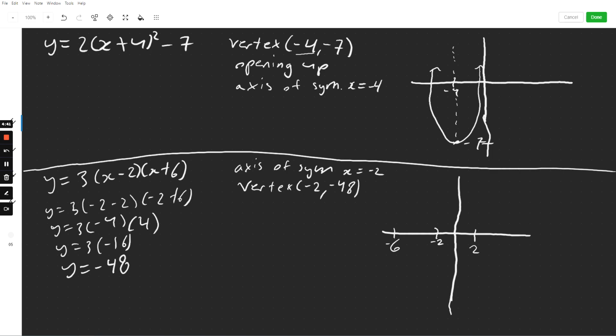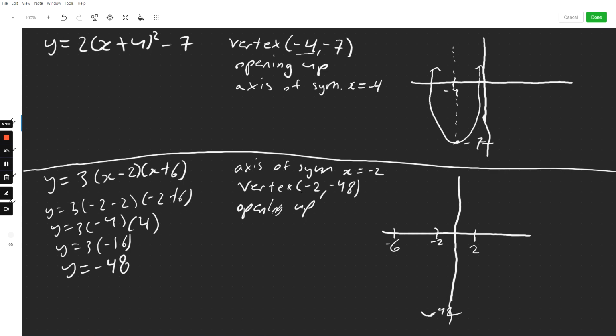All the way down here, -48 down here, and the a value is positive, so it's opening up. And it is vertically stretched by a factor of 3.